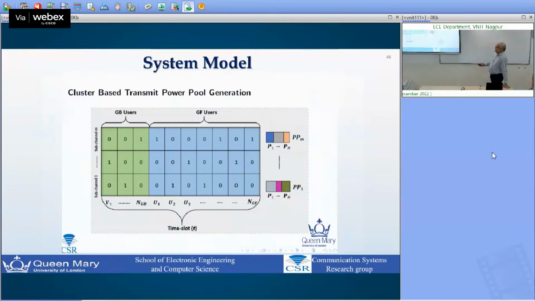Here we assume this is sub-channel 1. In this sub-channel, a certain number of grant-based users and grant-free users are there, in sub-channel 1, sub-channel 2, sub-channel 3, up to M. Here we assume only one grant-based user in each sub-channel.